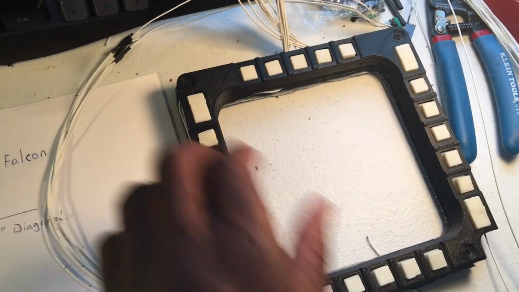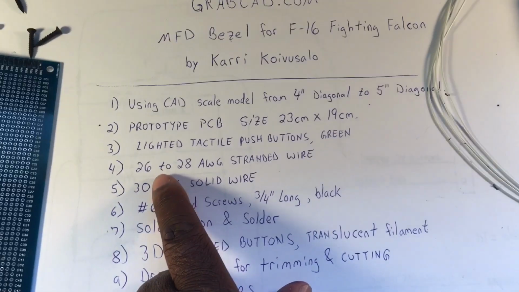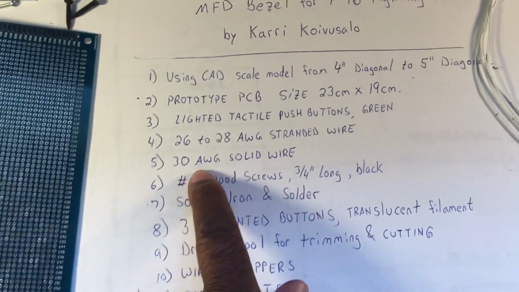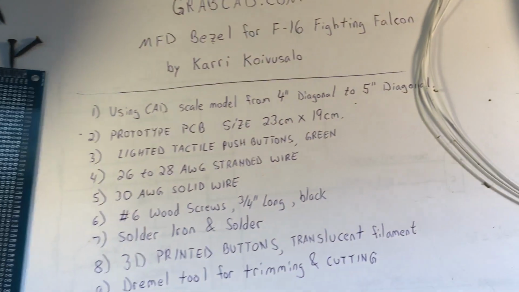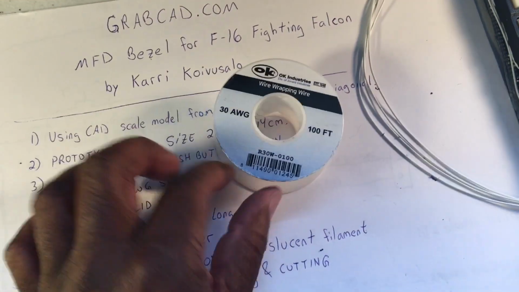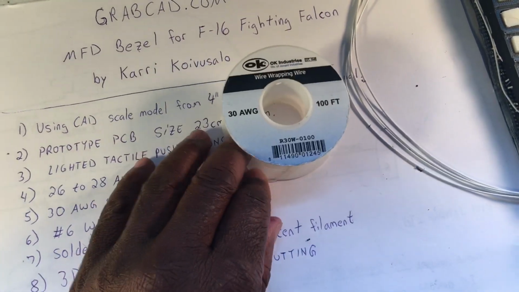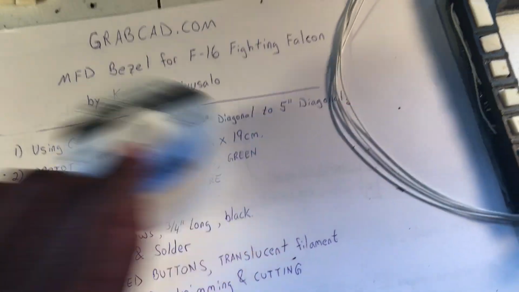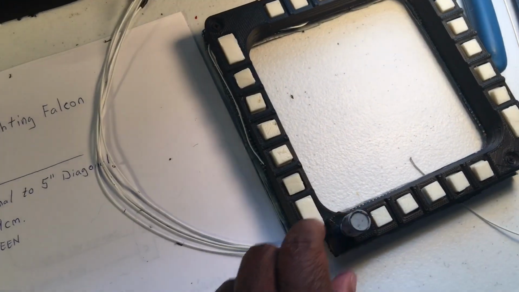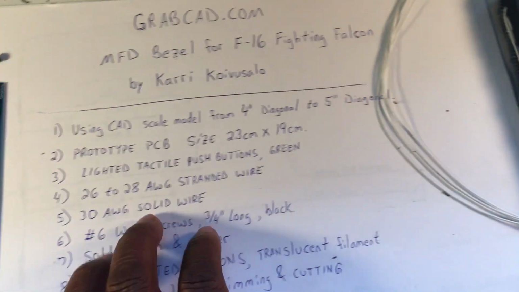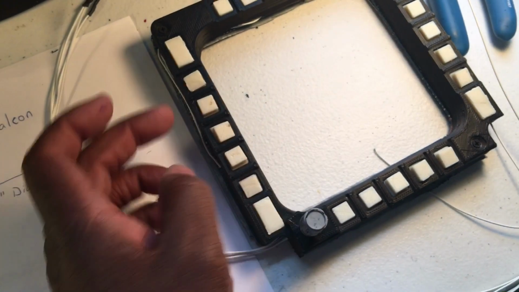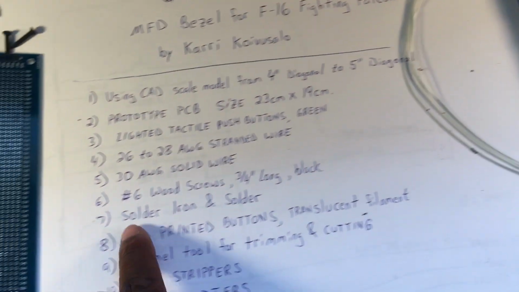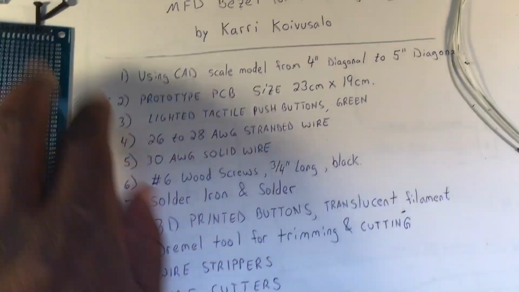The wires were a little bit large, so I probably recommend 26 to 28 gauge wire. Then I used 30 gauge solid wire, and I use it as lacing string. It's thin enough that you could use it as a tie string, and I use that to channel the wires on the sides of the buttons, and we'll go over that in a minute as well.